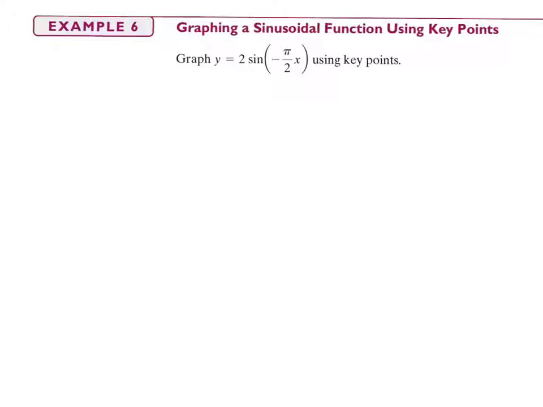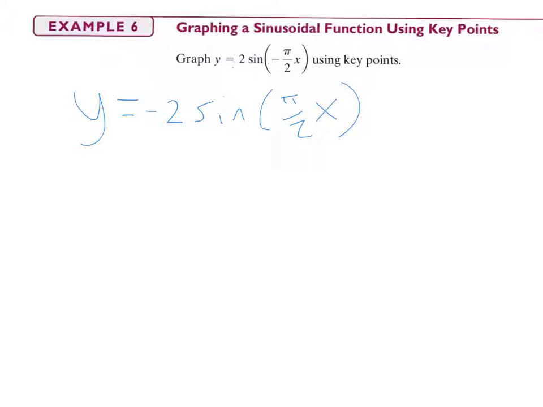Alright, next example we're going to do is graph this function using the key points, meaning where it's equal to 1, -1, or 0. So, I'd recommend first thing if you can rewrite it. We know sine's an odd function, so you could move the negative to the outside since it's odd. So it's negative 2 sine of pi over 2 x.